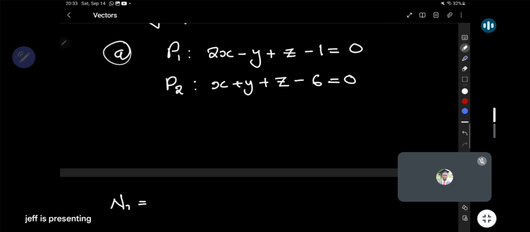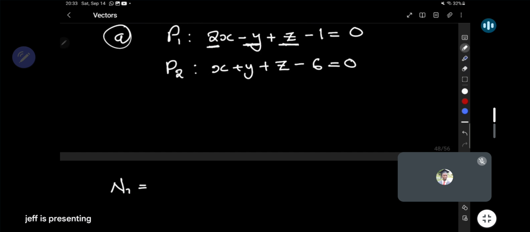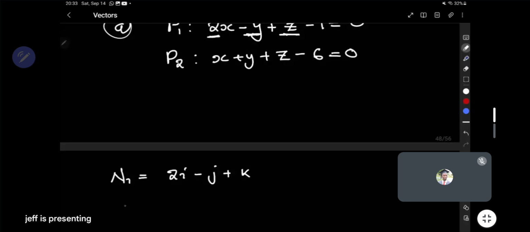From plane 1, the normal will come from the coefficients of the variables. Here we have 2, here we have -1, here we have +1. So from plane 1, we're going to have 2i, then -1j, then plus 1k. So this is the normal from plane 1.